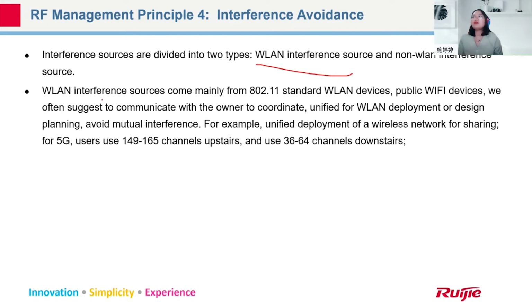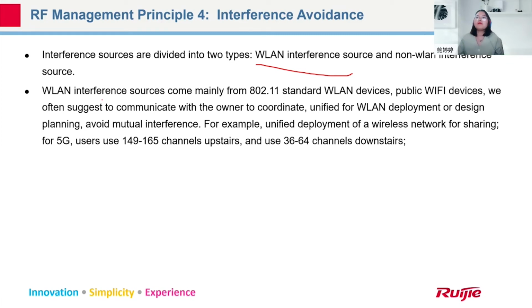Like now I deploy AP1, and in some places maybe we also use Ruijie devices as AP2, but they use different channels or maybe the same channel, and then we will have interference. And in the same places, we may also deploy APs from other vendors. They will also have an influence. These devices we call WLAN interference sources because we use the same protocol.